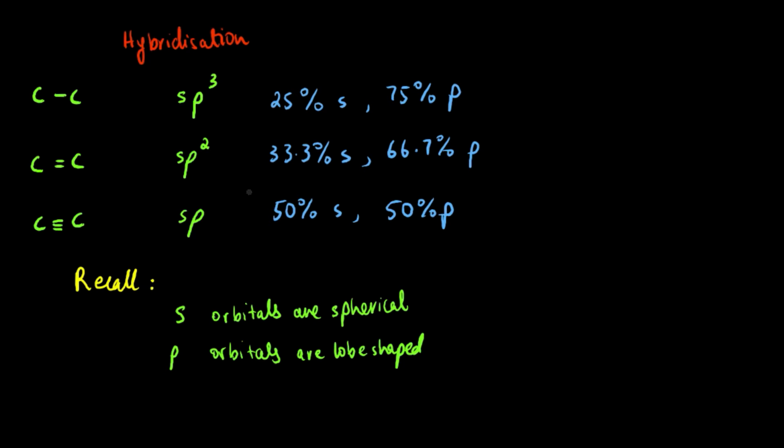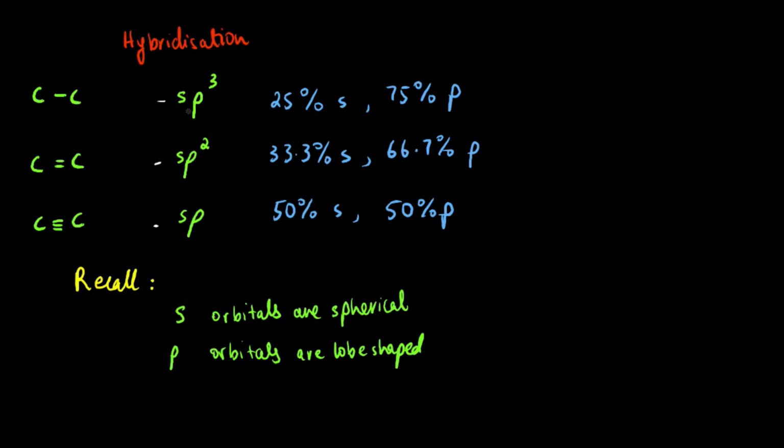Hybridization in our syllabus is only related to the hybridization of carbon atoms. We will be studying three types of hybridization: sp3, sp2, and sp.